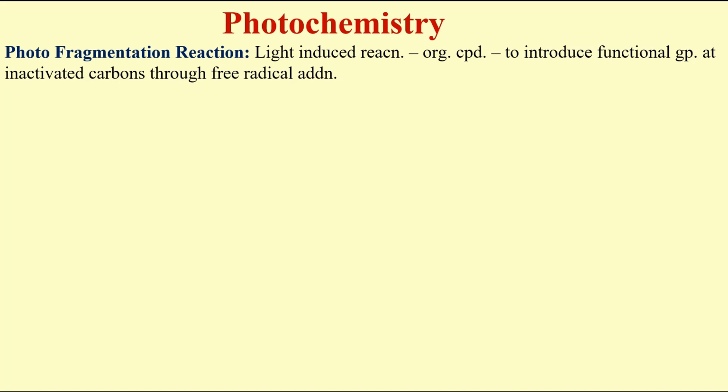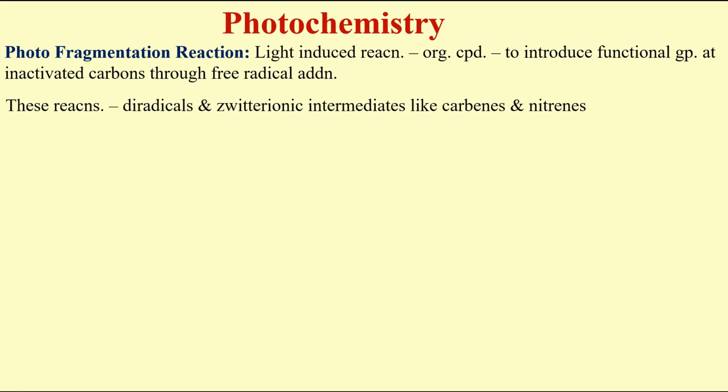In these fragmentation reactions, the organic compounds absorb the light energy and get to the excited state, giving rise to radicals or free radicals, and these get introduced as a functional group on the inactivated carbons. In these reactions, intermediates like radicals or zwitterionic intermediates like carbenes or nitrenes are formed.